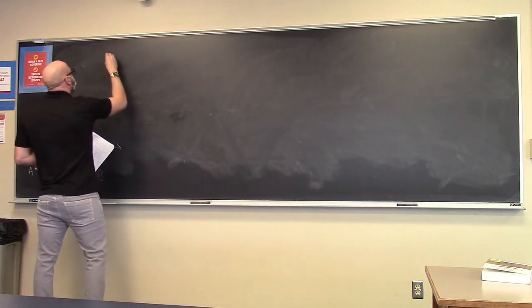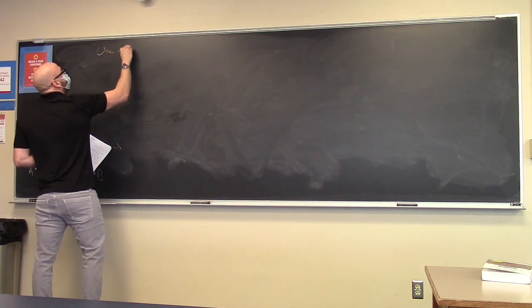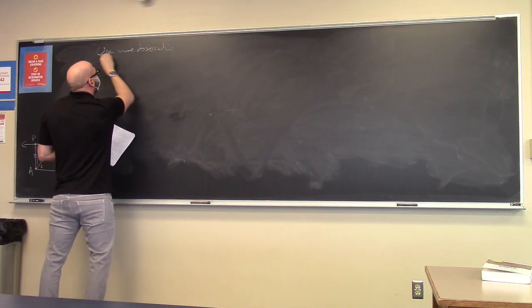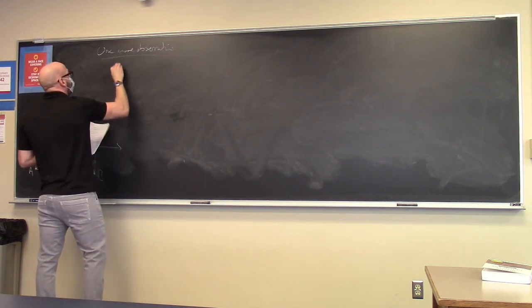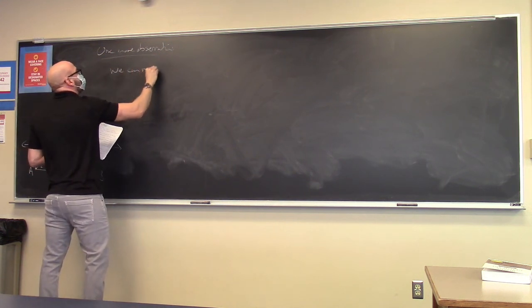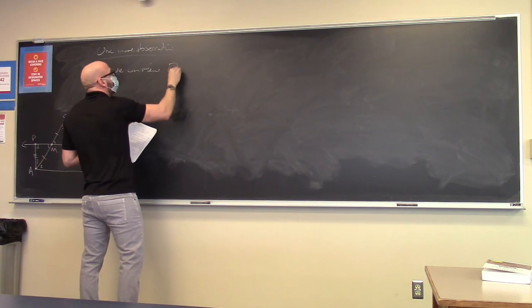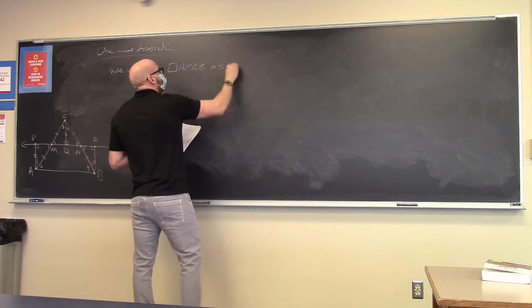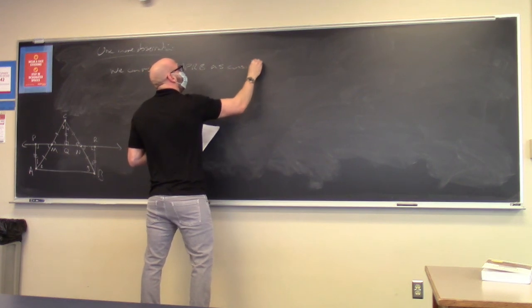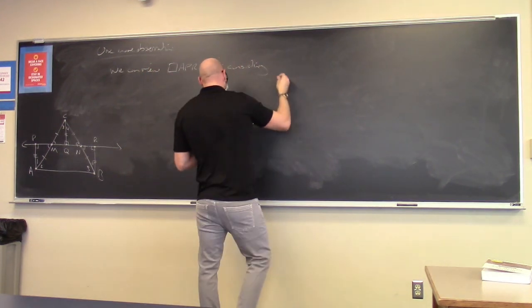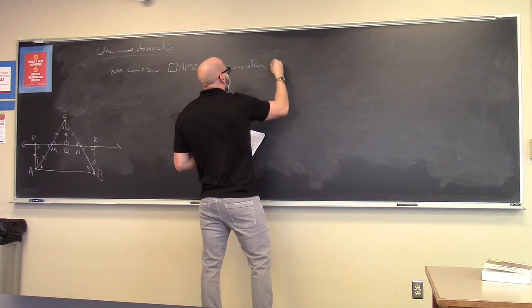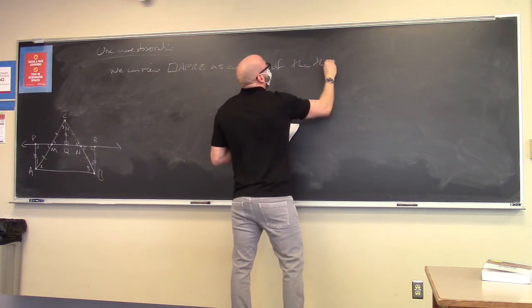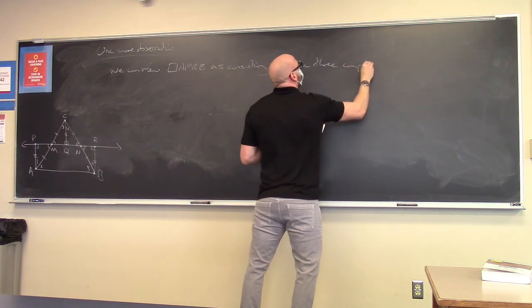So one more observation. We can view the security quadrilateral APRB as being made up of three component parts.